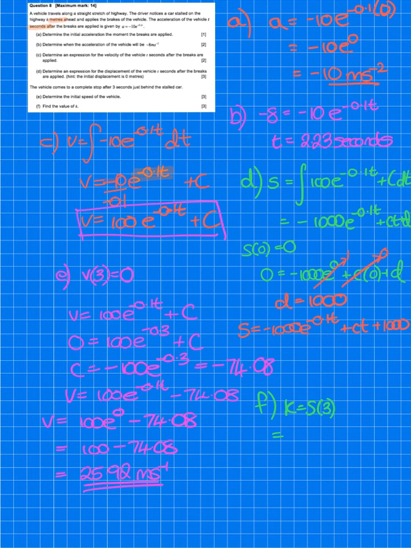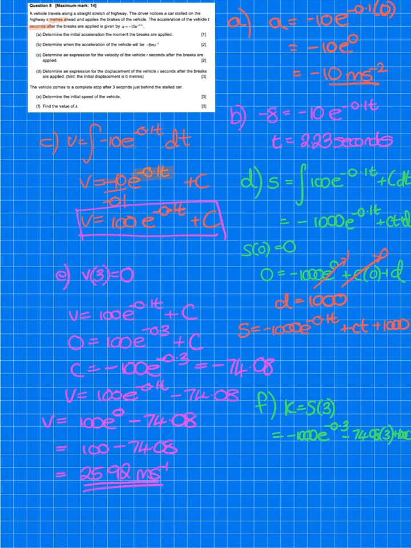which is going to be our displacement formula, just above where I'm writing now in red: negative 1000 e, and I'm subbing in that t is 3, so that's going to become negative 0.3, minus, now I know that c is 74.08 times 3, and I also know that d is 1000.